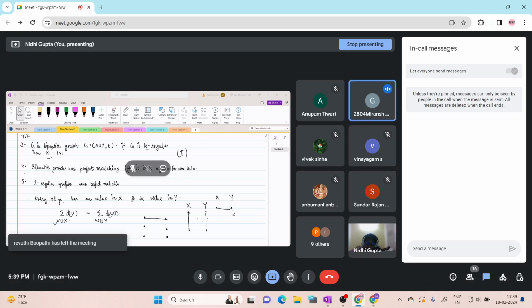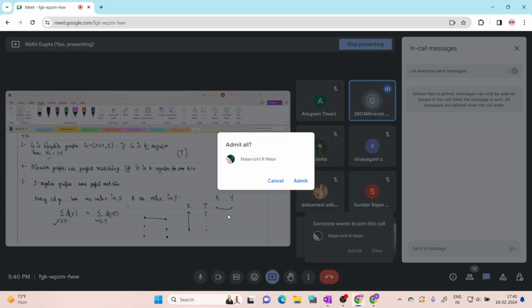I am saying that if we join every point, it would be a complete graph, right, from A to B? Yes. So we will lose the generality of this statement because it is a k regular graph. So I am saying join k vertices, or n minus k vertices.